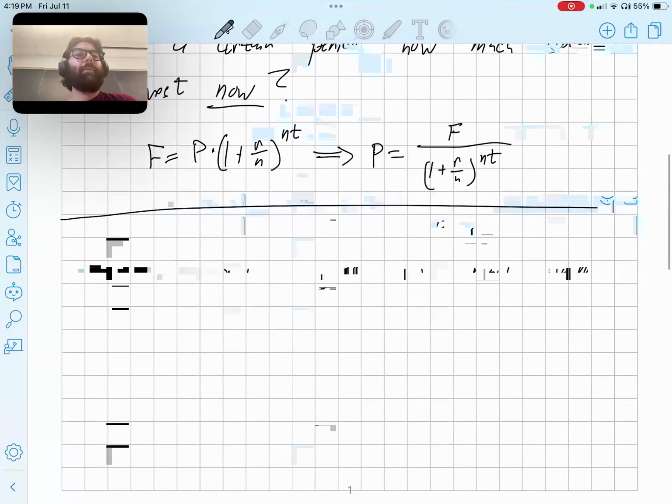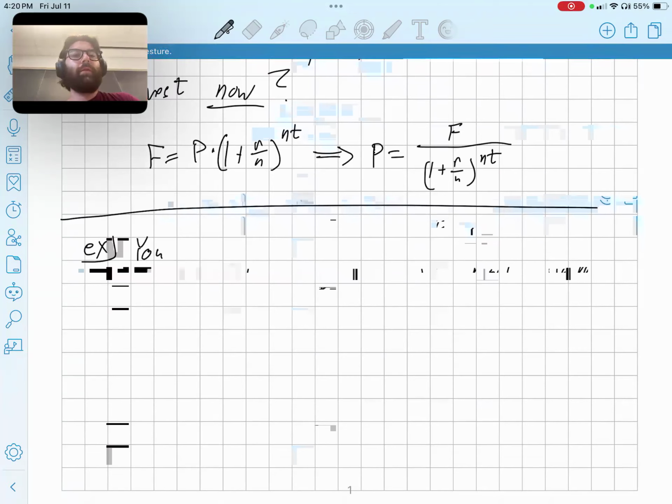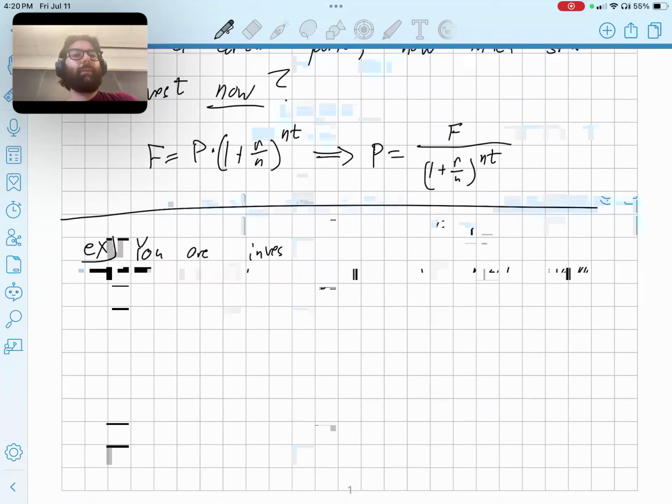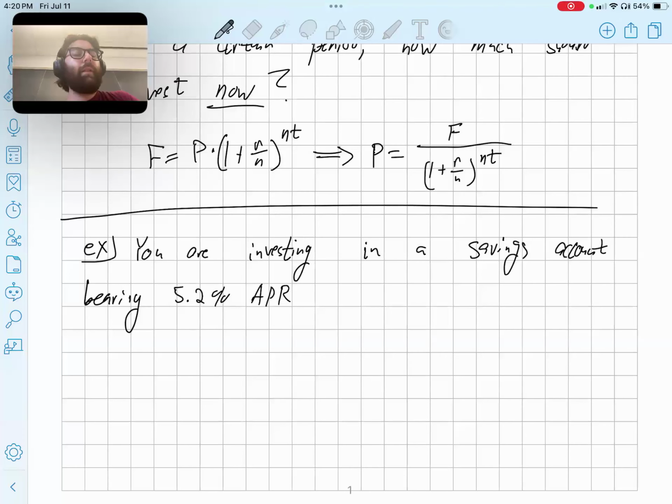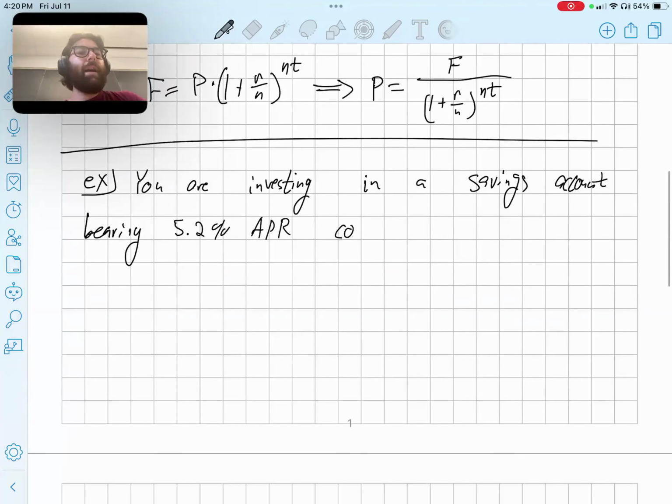Let's look at an example. You are investing in a savings account bearing 5.2% APR compounded monthly.